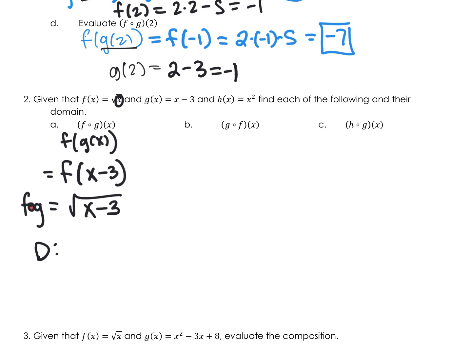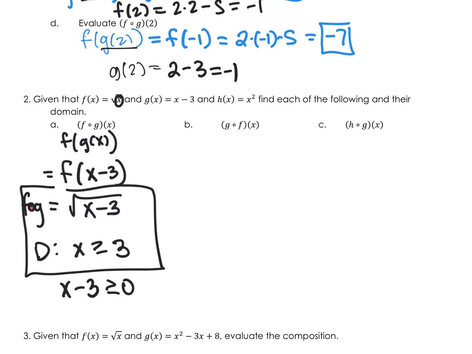Is there a denominator? No, but there is a square root. So what do I do with that stuff under the square root? Greater than or equal to 0, for square roots, because it's got to be positive or 0. Add 3 to both sides and you get x is greater than or equal to 3. So that's your answer to that question, the composition and the domain.